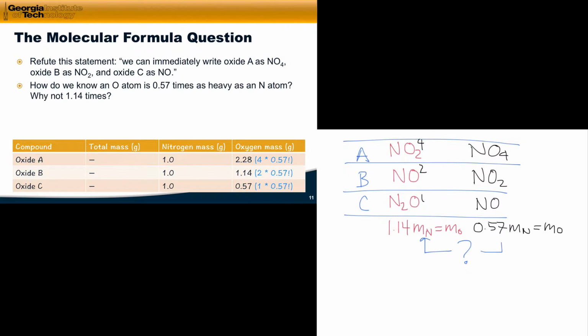We don't know what the relative mass of a nitrogen atom is with respect to an oxygen atom. We need more information about atoms in order to answer that question. We need information about relative atomic masses, really. Which of these two mass equations is correct? And what are the masses, really, of a nitrogen atom and an oxygen atom?